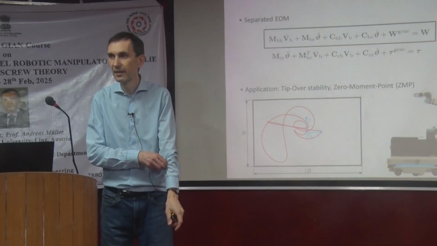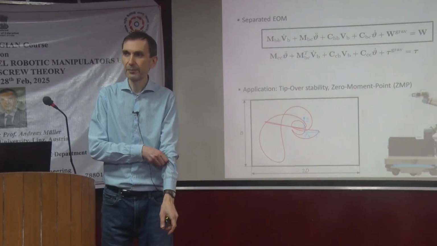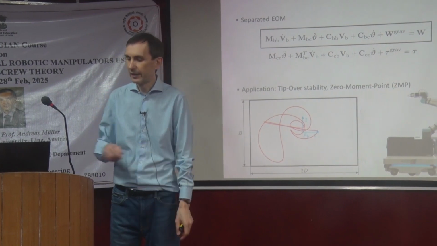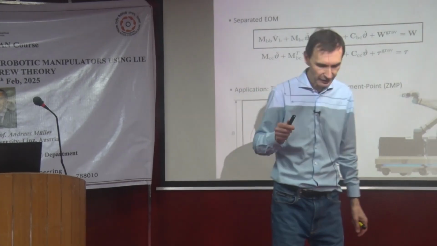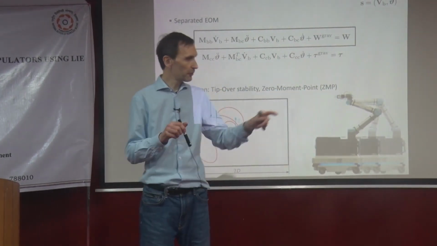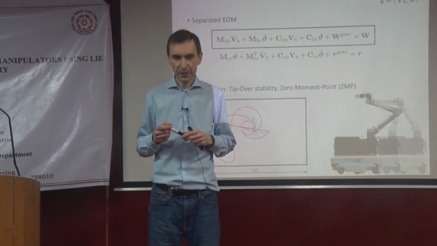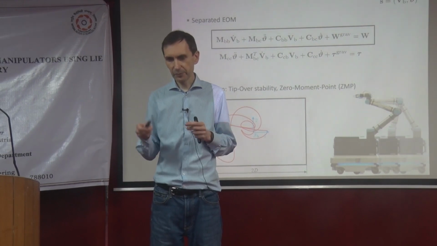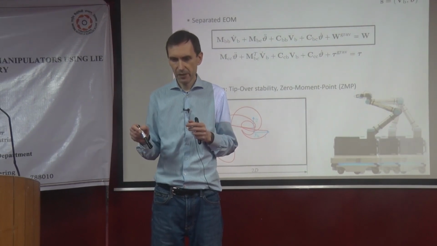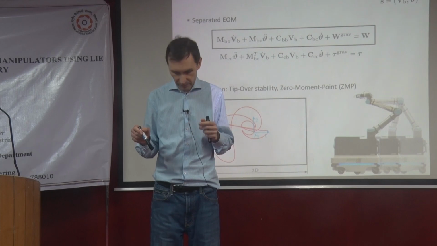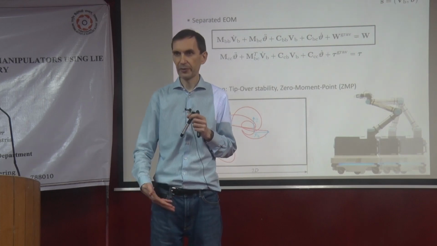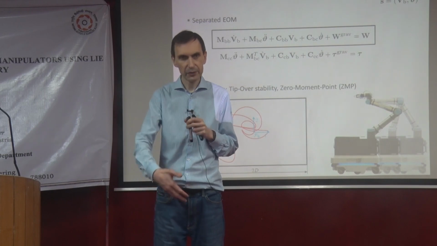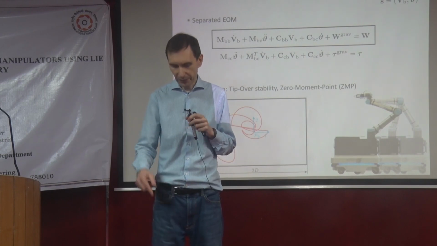Net torque must be 0. The net torque, exactly. The net torque must be 0. And there is exactly one point which is called the zero moment point, right? So I could determine the reaction force when I'm standing here, at a certain point.